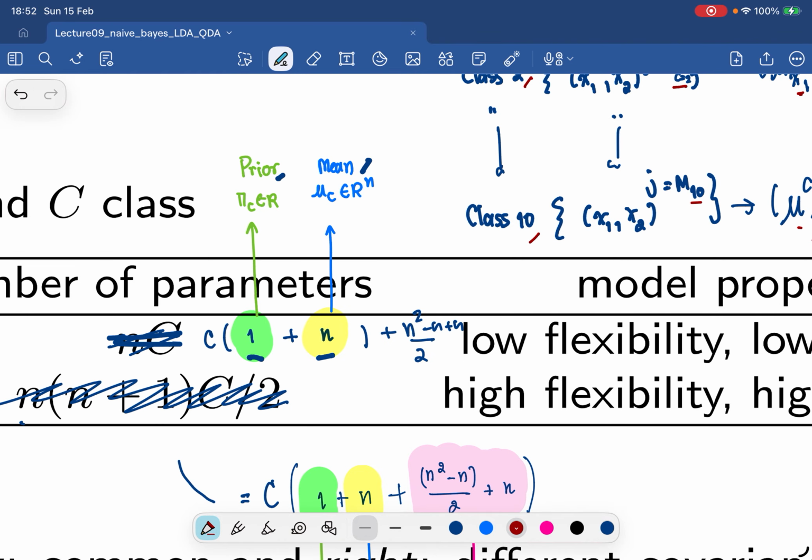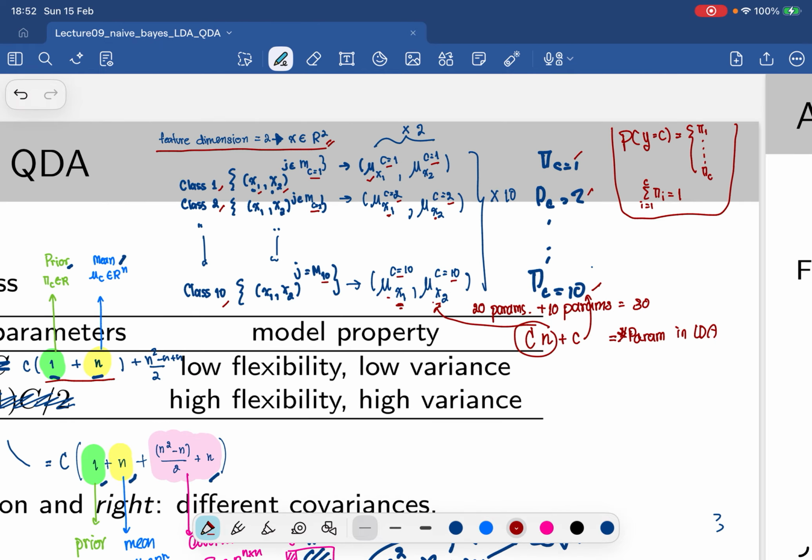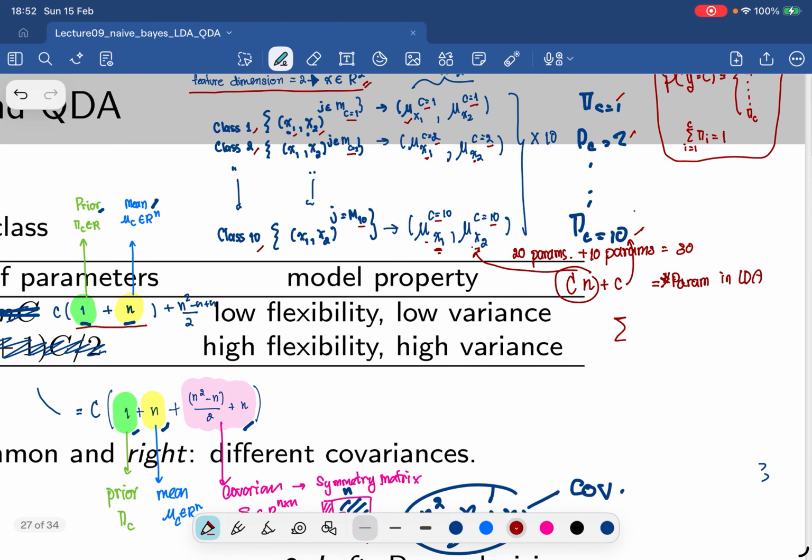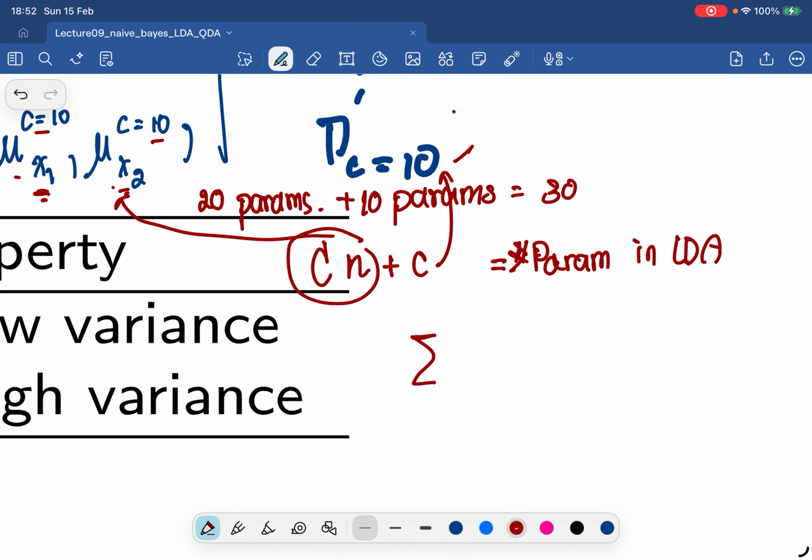Okay, which is this. But what I forgot to mention here is that we also have to compute sigma. Although we assume that all the sigma c is the same, we still need sigma. A sigma is a what? A symmetric matrix, right?